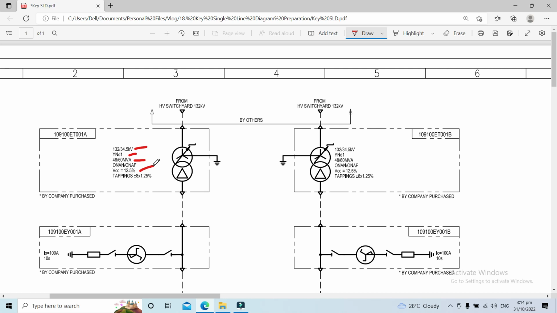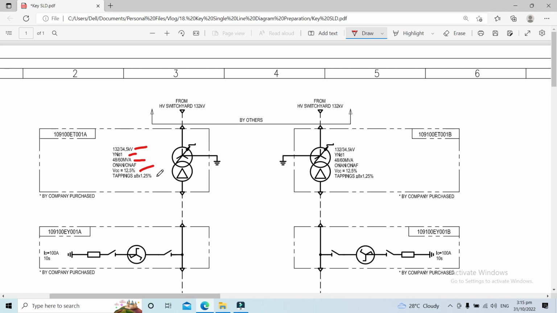So this percent impedance is related to the short circuit capacity of the transformer during short circuit conditions. That's why, when we prepare a key single line diagram, this is one of the important pieces of information to be seen in the diagram.